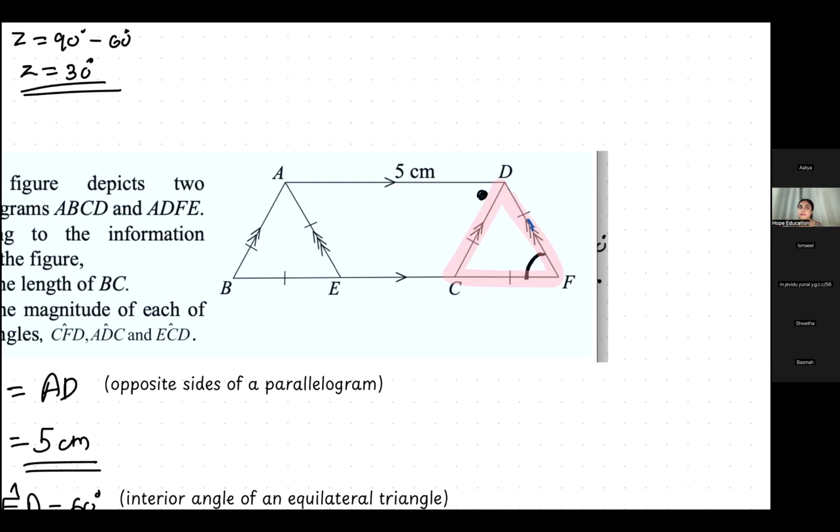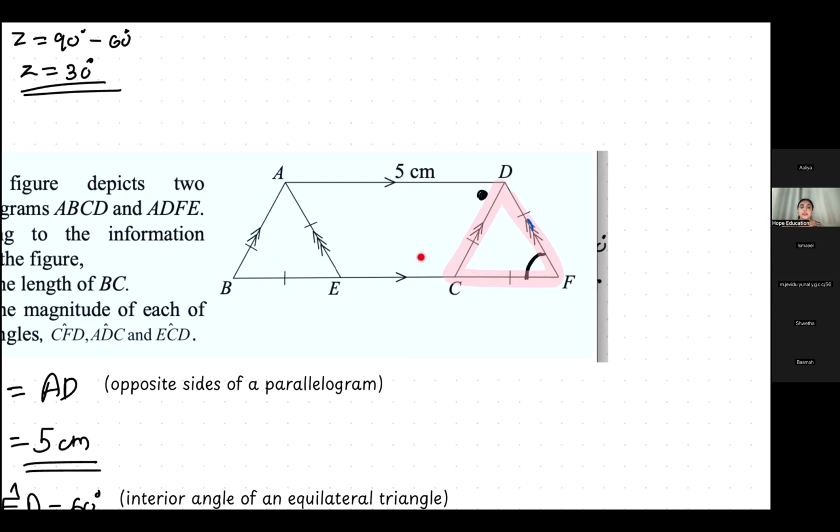Was that clear? Others? What about others? Okay, great. Then there's another way.